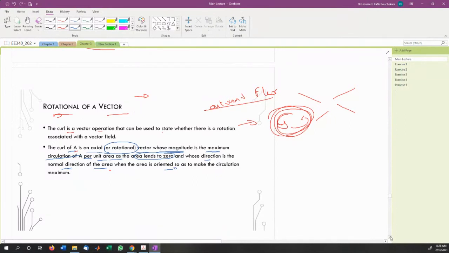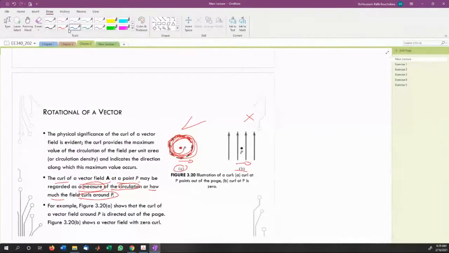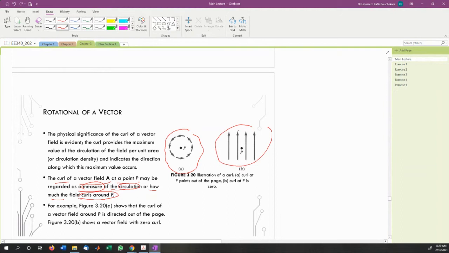فهو يعبر لي على circulation of a field around a point P, for example. So we have said that, for example, in this case, here, we have a circulation, or we have a value of the curl or rotational of P. However, here we don't have any curl.